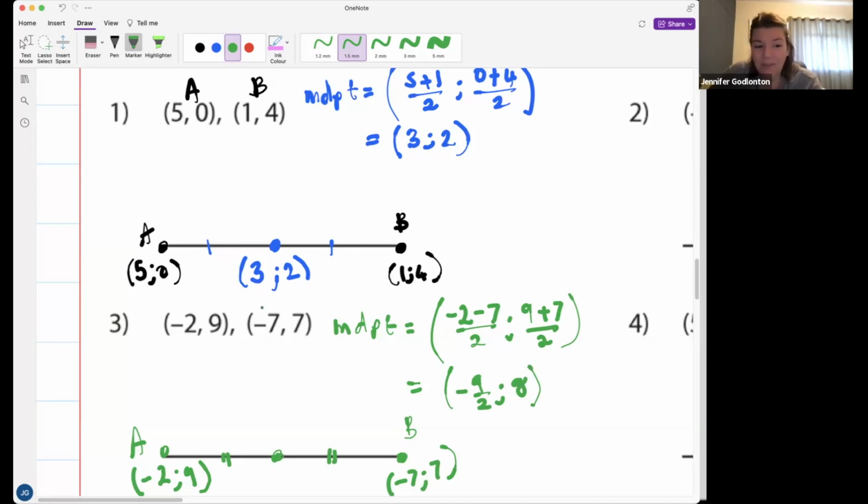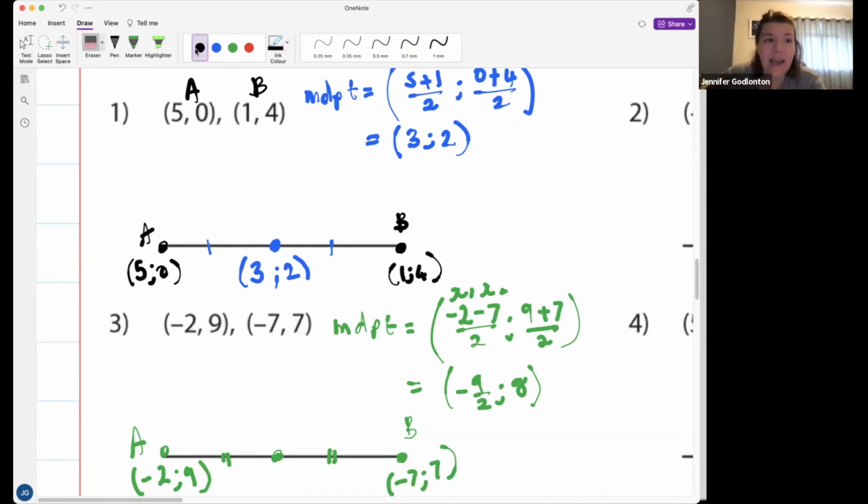So I think what happened is that some people, instead of taking the x's, so x1 and x2, took the x1 and y1, for example. So they took the x's and the y's, which is a very normal mistake. Just be careful to always take your x's.